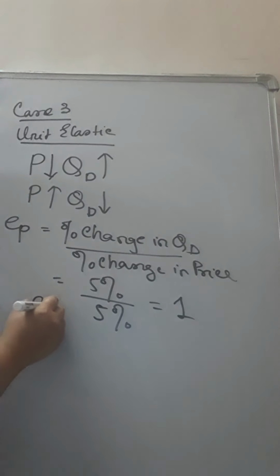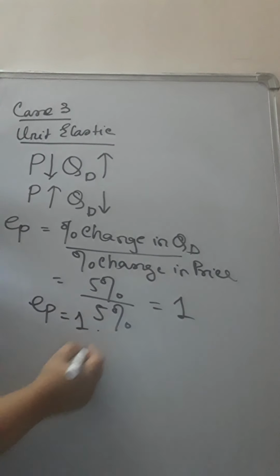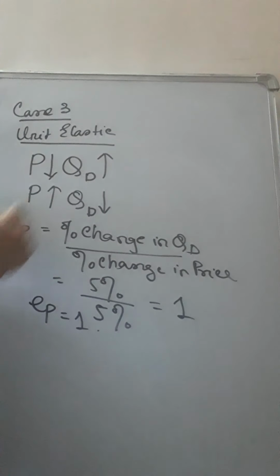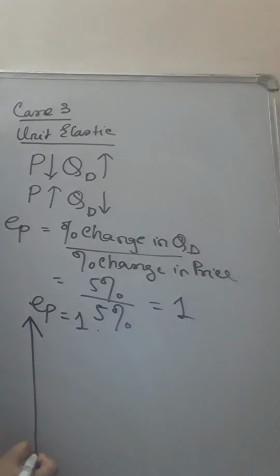So whenever the elasticity's value is equal to 1, we call it unit elastic demand. That is when the demand changes by exactly the same amount as the price changed. But the downward or negative relation of price and demand still holds.